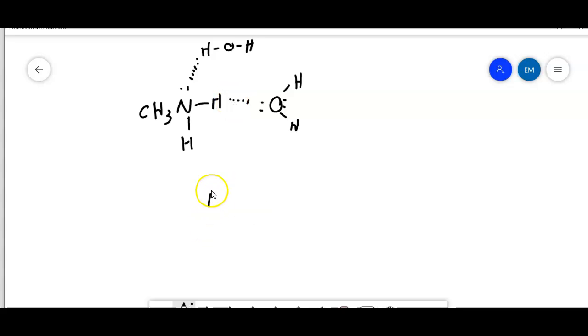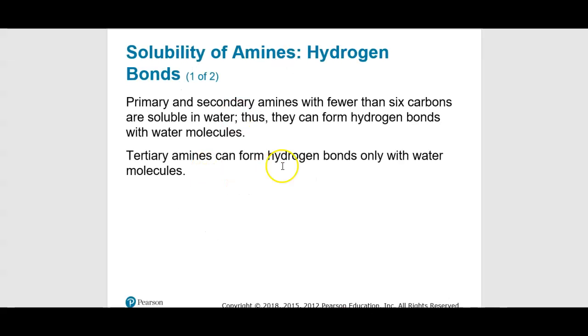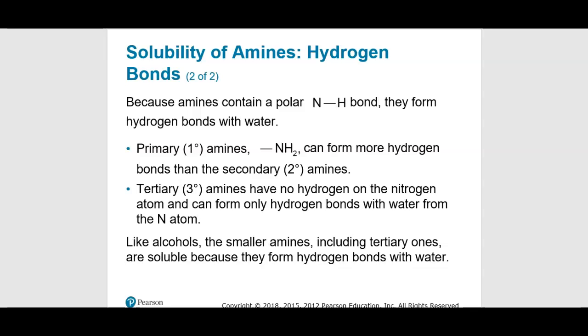All right, when you have a tertiary amine, and that's really what they're saying here, you only have this route, but it can still form hydrogen bonds. Those are one of the quirks with amines, but they can hydrogen bond.